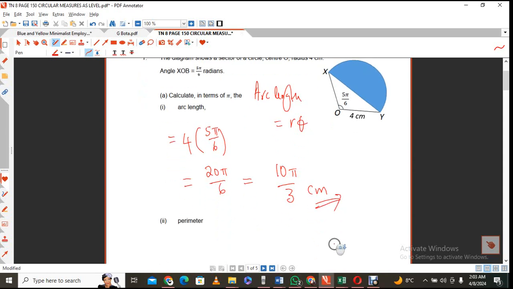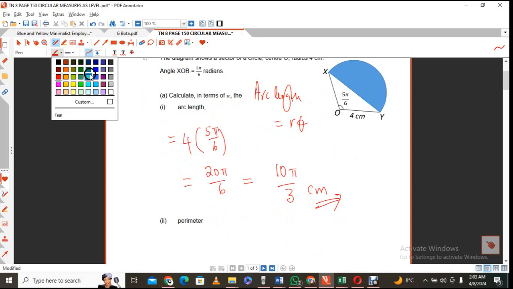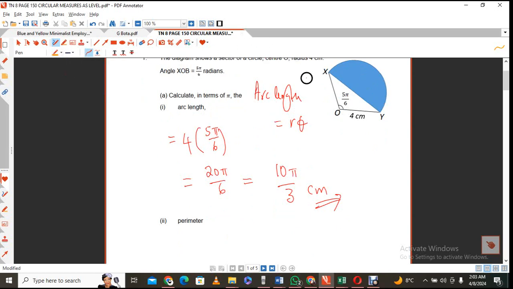Right. Then the next one says you are supposed to calculate the perimeter. Well, what is also now worth noting here is that this distance over here is also 4 centimeters. And we have just calculated this value over here, which is that arc length of 10 over 3 pi.